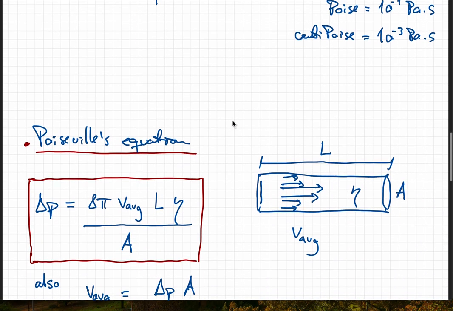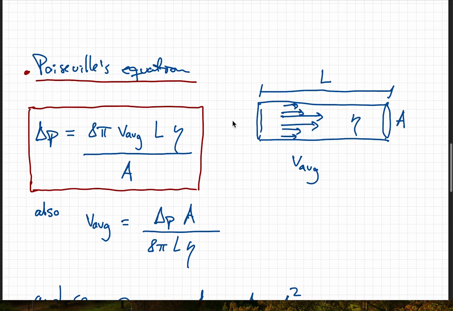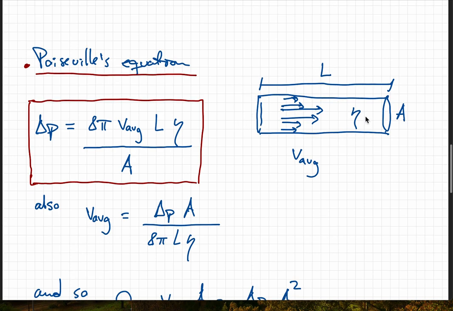The crucial equation to take into account for these types of fluids is sometimes called the Hagen-Poiseuille equation, or just the Poiseuille equation, or Poiseuille's equation. What this equation tells you is how much pressure difference you need across a pipe of some length L and cross-sectional area A to send the fluid through it with some viscosity eta if you want the average speed to be V average.